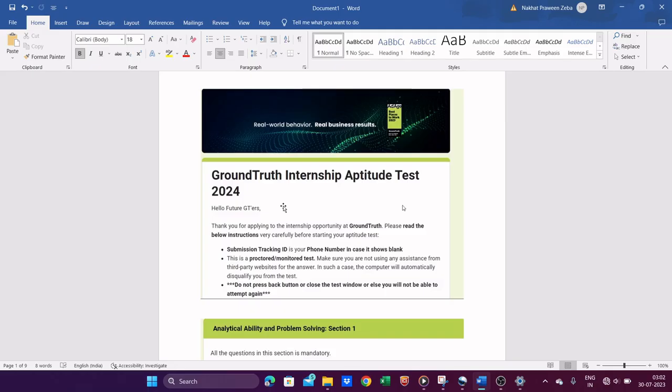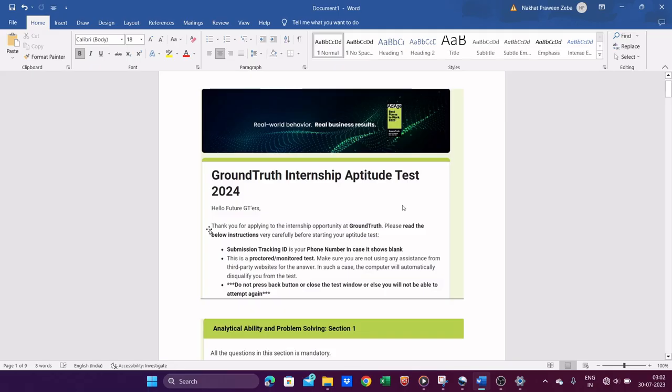Then a few questions will be there, like which batch you passed out. Three options: 2023, 2024, and others. Select according to you, then your name and a few more fields. Only a normal, very simple form. You need to fill it and submit it. After submitting the form, your test will start immediately.